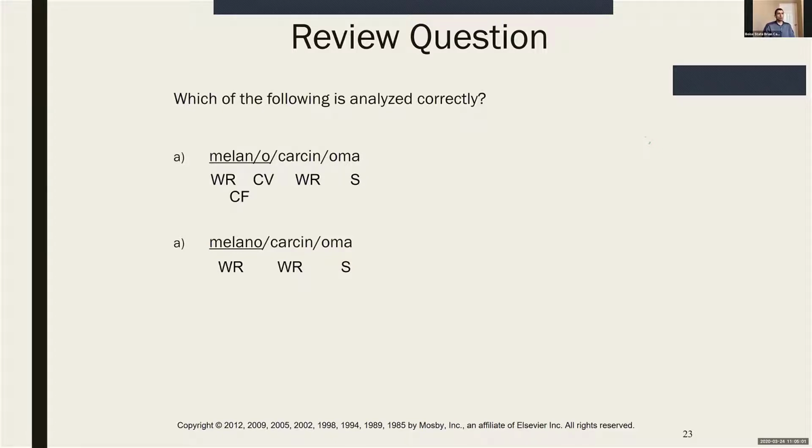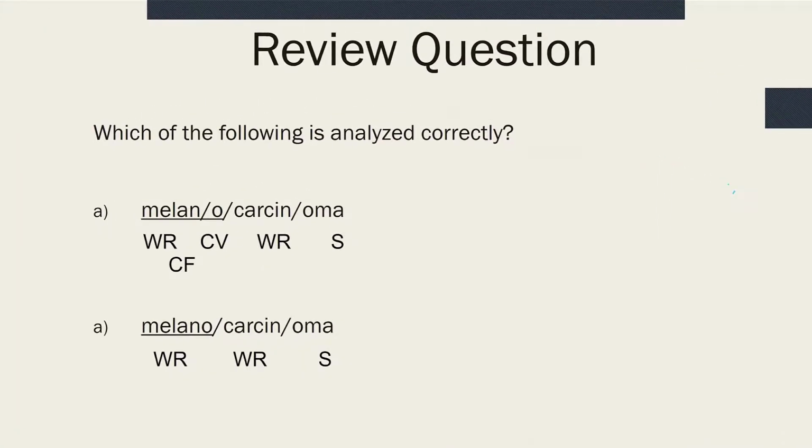And so we can see the word roots, we can see a suffix. Option A also is separating a vowel, where option should be B. Both of them are listed as option A for some reason here, but the bottom one does not separate the O as a vowel.